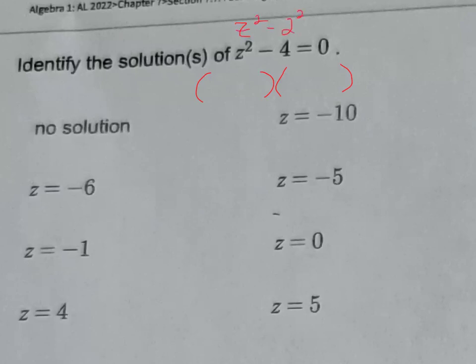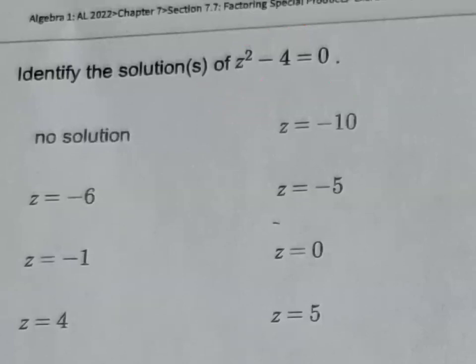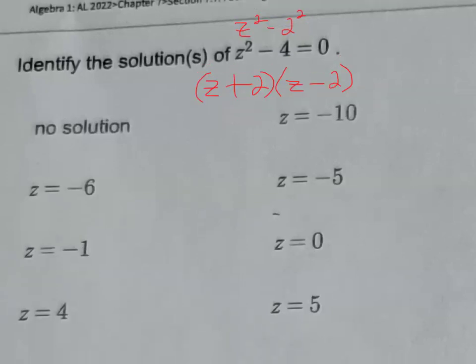So z goes here and here, plus, minus, 2 goes here and here. And, oh, I guess we have to finish it. Sorry. It's asking for solutions. So that equals 0, and that just means z equals plus or minus 2.